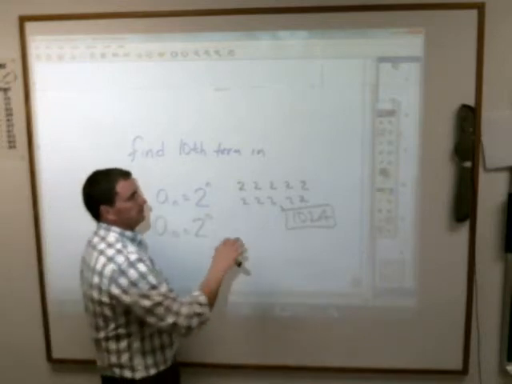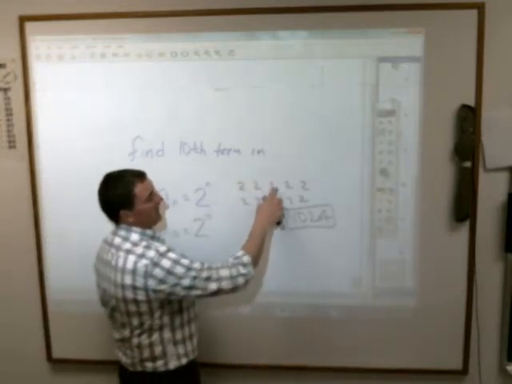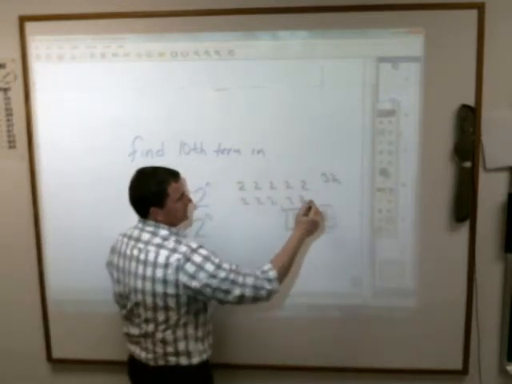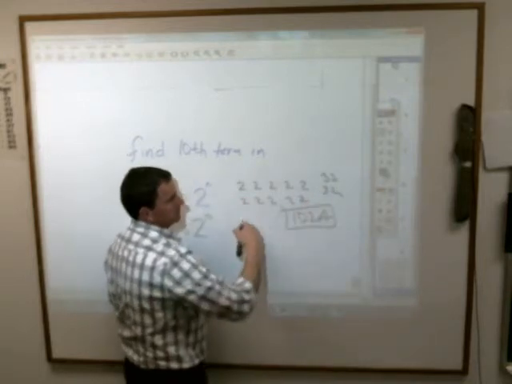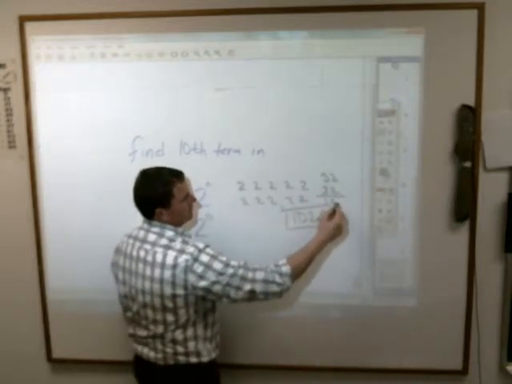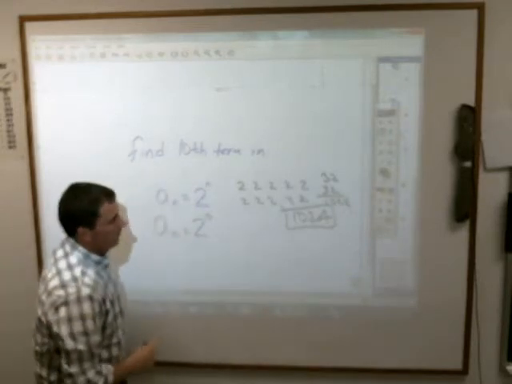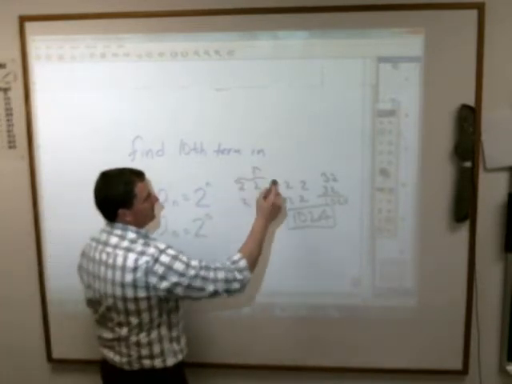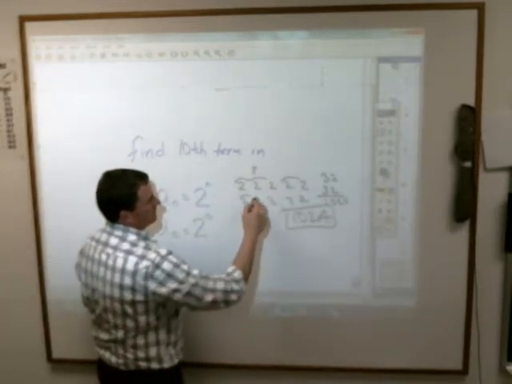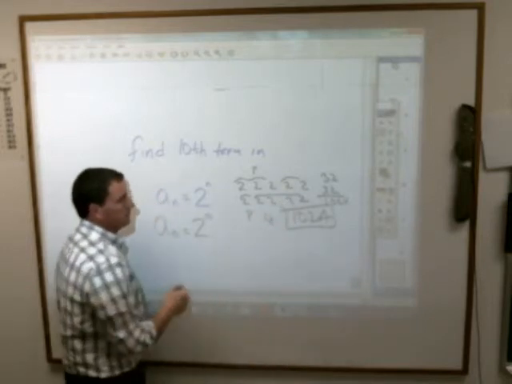Another way to do this, you could do 2, 4, 8, 16, 32 times another 32, because that's what's down here. You'll still get 1,024. Or you could do 8 times 8 times 16.